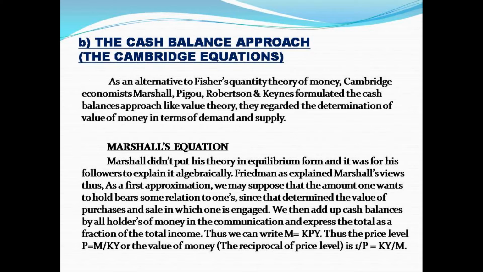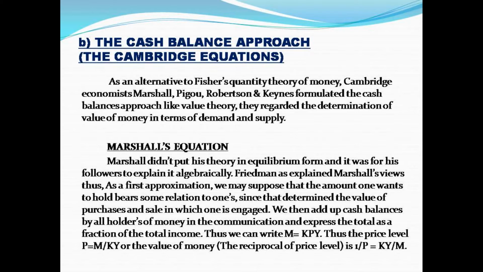We then add up cash balances by all holders of money in the community and express the total as a fraction of the total income. Thus, we can write M = KPY, where M stands for the exogenously determined supply of money.